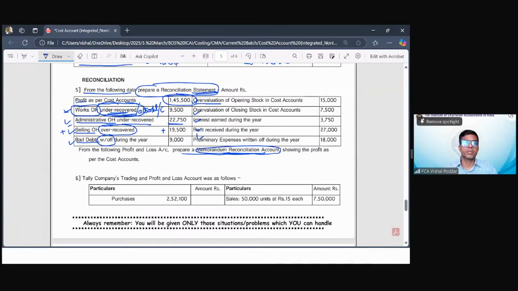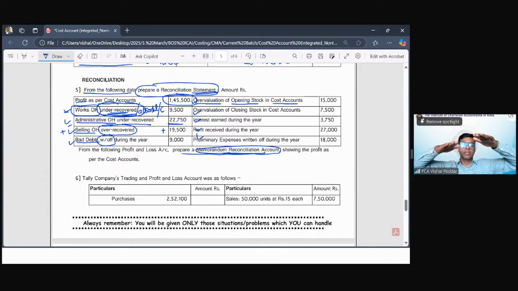Now comes stock differences. Overvaluation of opening stock in cost books. Please understand, they are talking about overvaluation of opening stock. Firstly, understand this. Opening stock is a debit item. Now, if a debit item is overvalued, that is the amount of that debit item is more, what will be the impact on my profits? My profits will reduce. Now, this impact is in the costing profits. So, in my costing books, the opening stock is overvalued and opening is a debit item.